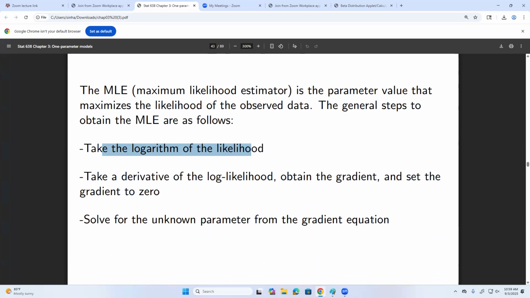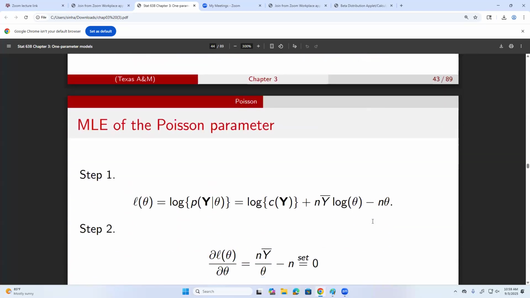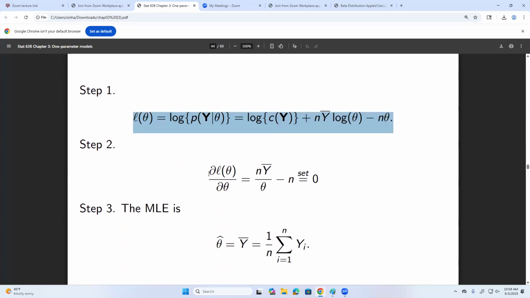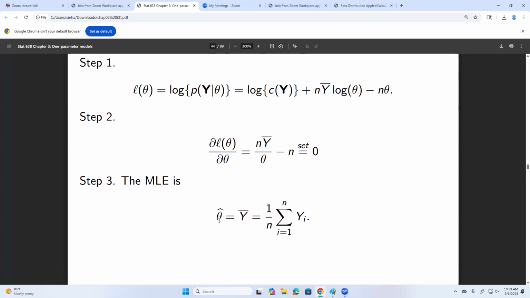These are the steps to obtain the MLE. So this is the log likelihood, this is the gradient, set the gradient equal to 0, and then solve for theta. If you solve for theta, it turns out to be the average value of the observations, y bar.